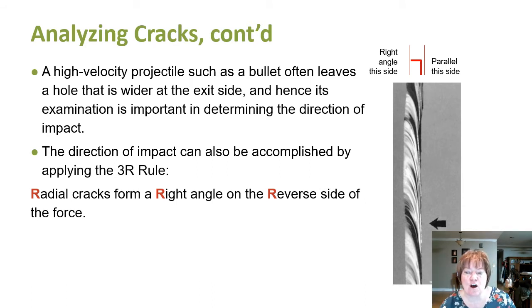But if I look on the left side, these waves are perpendicular to the edge. We're going to say it's a right angle on the reverse side. On the side that it was hit, they're more parallel, going straight up along the side of it. So if I were just observing this pattern, I could tell that the force was originating from the right side.